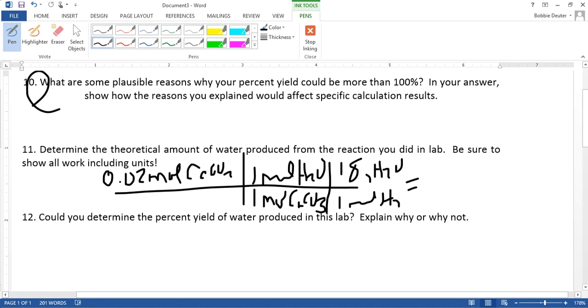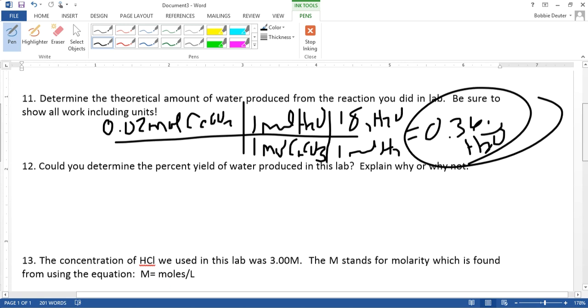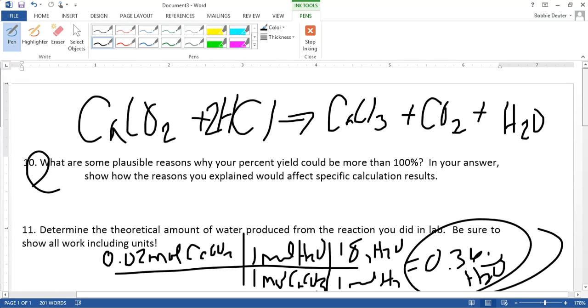And so you should have gotten 0.36 grams of H2O. That's how much you should have produced. Everything else would have been either your carbon dioxide produced, or it would have been your calcium carbonate.